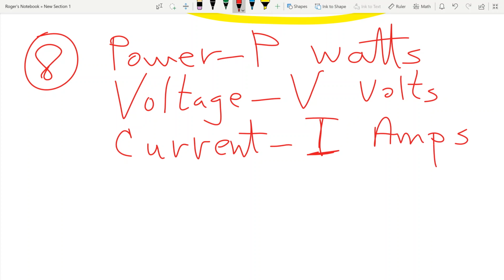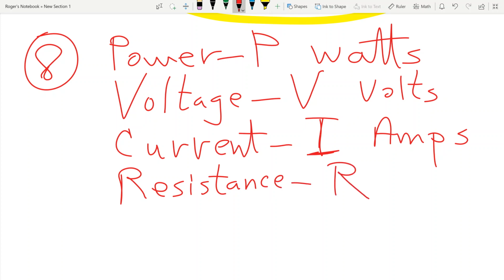And then lastly, we're going to be dealing with resistance, which is represented by the letter R, and it's measured in ohms. And ohms uses this funny symbol to represent it. Ohms are represented by this Greek letter.